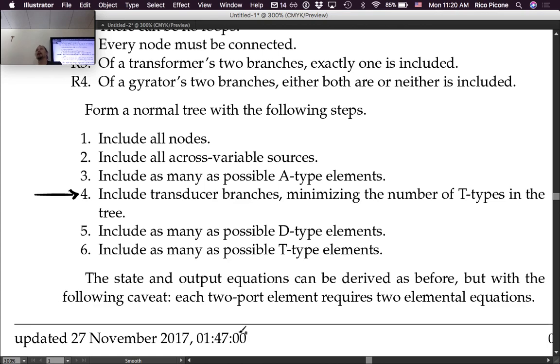Primary variables are cross variables on elements in the normal tree and through variables on links. And secondary variables are the opposite. So it's still true. So your normal tree will be including and excluding branches from these two-port elements, these transducer elements. So which one's primary, which one's secondary, depends on if it's in the normal tree or not. Yeah. Cool.